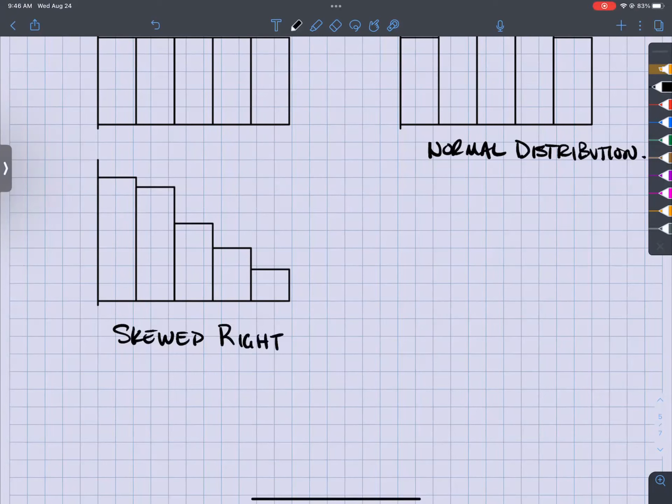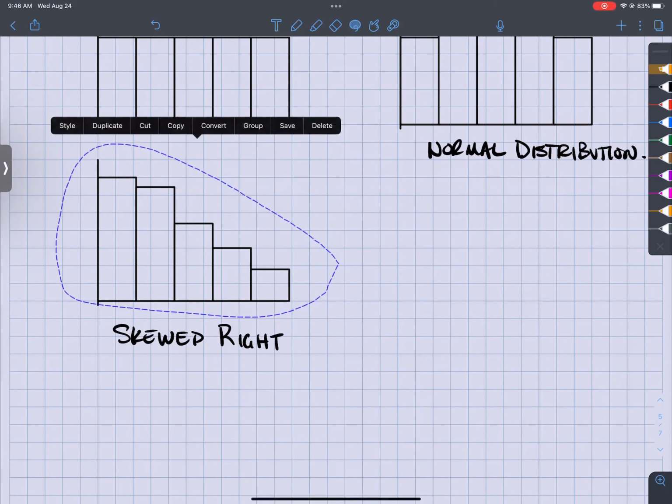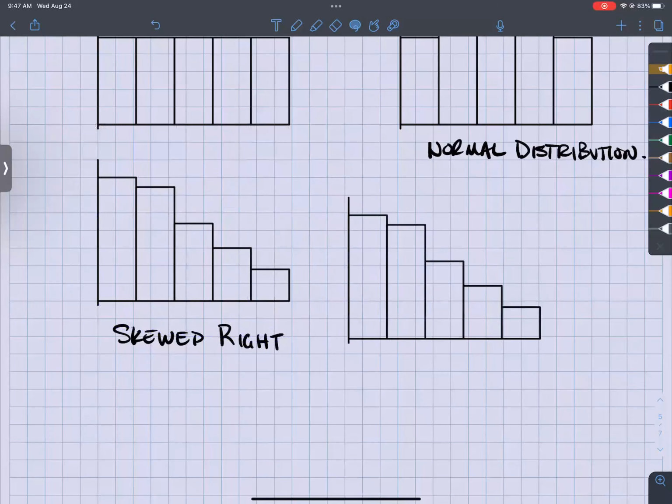So the age group in here is skewed right, which is weird because to me, this picture looks like it's skewed left. Does that make sense? It looks like that, but it's actually called skewed right. So is the second one called normal distribution or bell-shaped distribution?